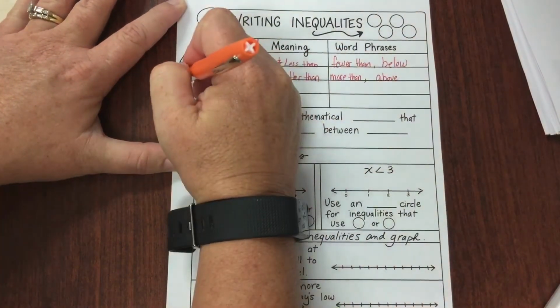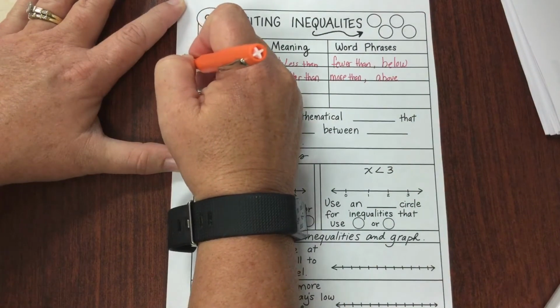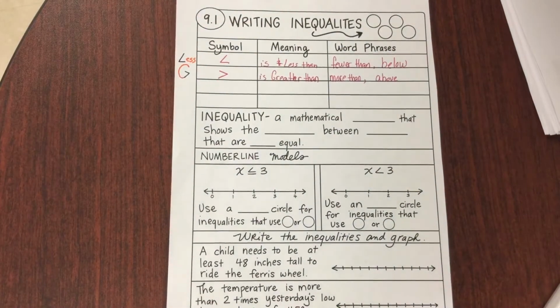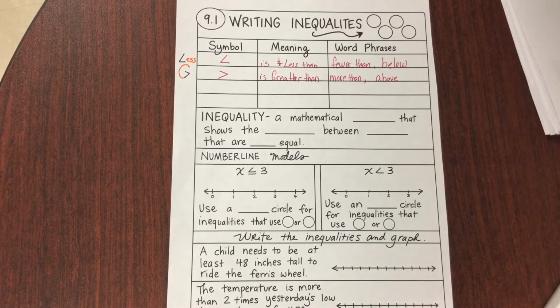If I continue, I can make the letter G for greater than. So that's one way that I kind of help. And so I suggest that when you take your tests, if you want to just do that little bit of the L and the G, it will help you to move along with these greater than, less than symbols.